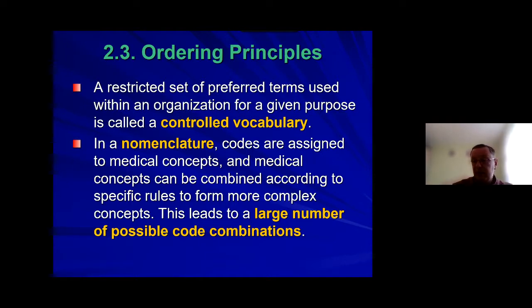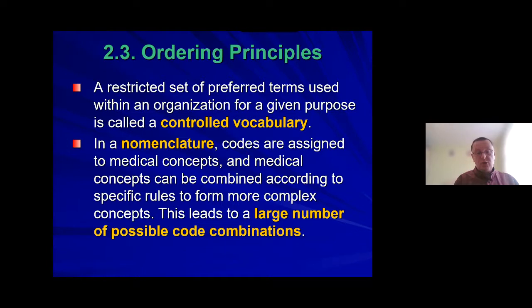Like if we have 20 synonyms, maybe it would be enough to cover this particular topic with only 5 or 6 or 7. This would be a restricted set of preferred terms used within an organization for a given purpose, called a controlled vocabulary. So maybe for a specific diagnosis or symptom or dysfunction, or when we speak about medical informatics or computer technologies in our university or in our country, we prefer a specific term from our possible variants of synonyms.